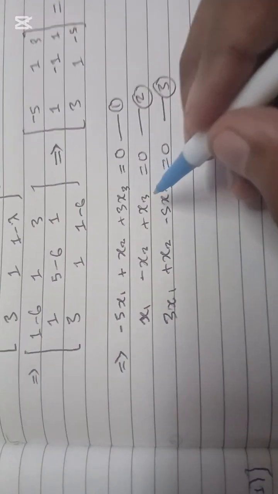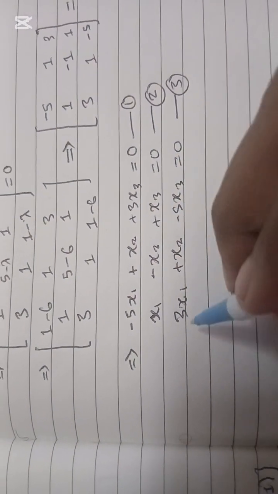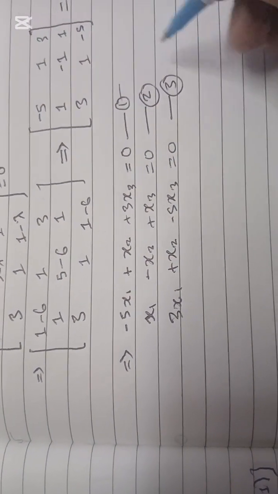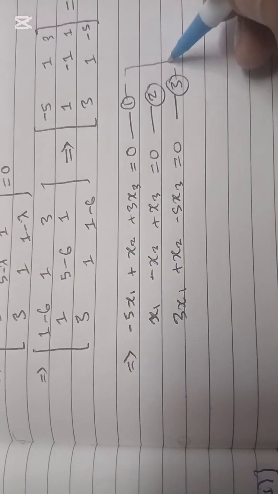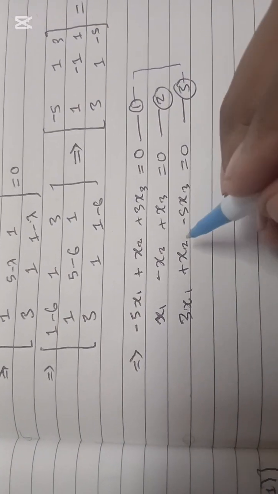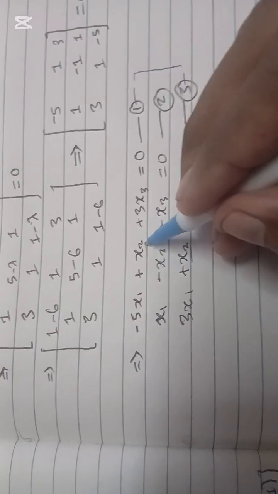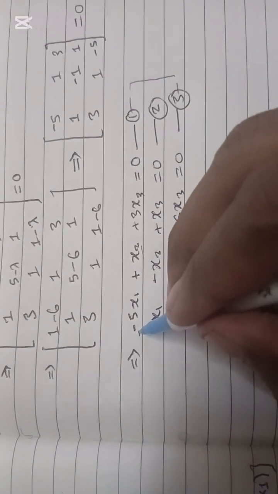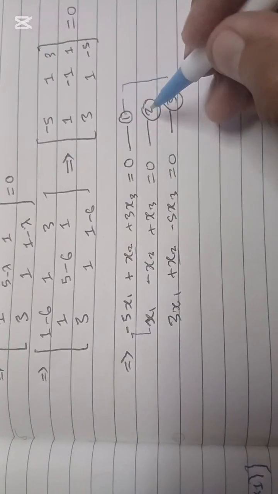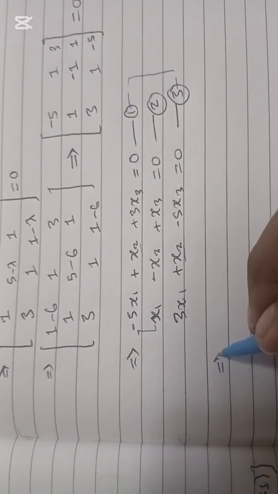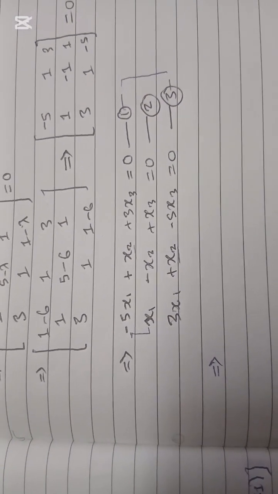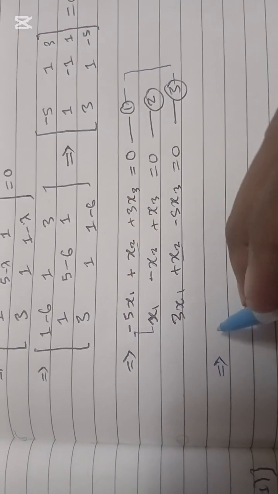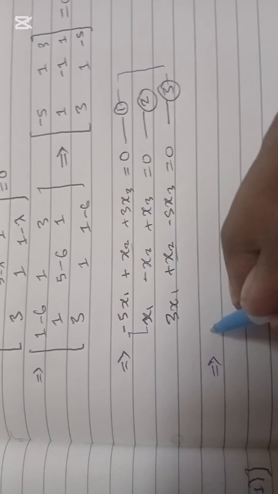From here we can see that equation 1 and equation 3 are similar, the second value is the same, so we cannot choose these two. We will choose equations 1 and 2 to further simplify our calculations and find the eigenvectors.